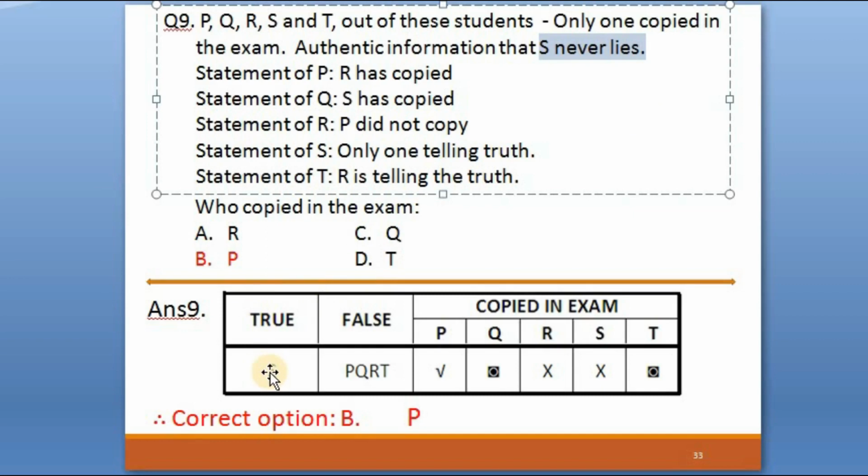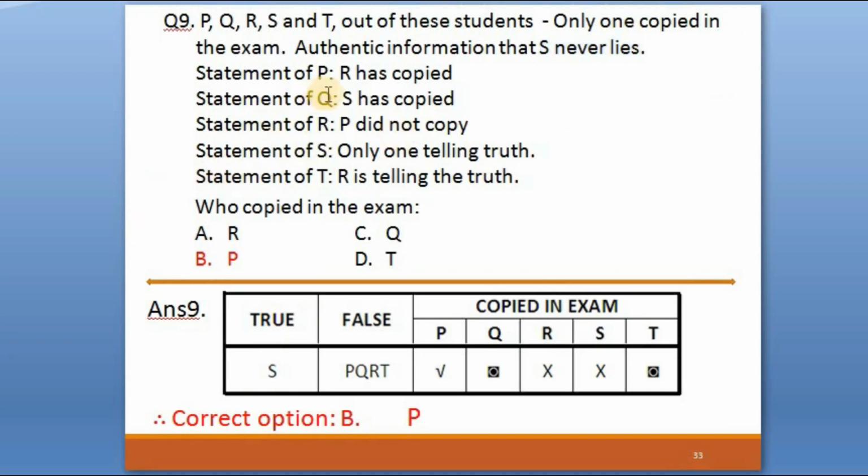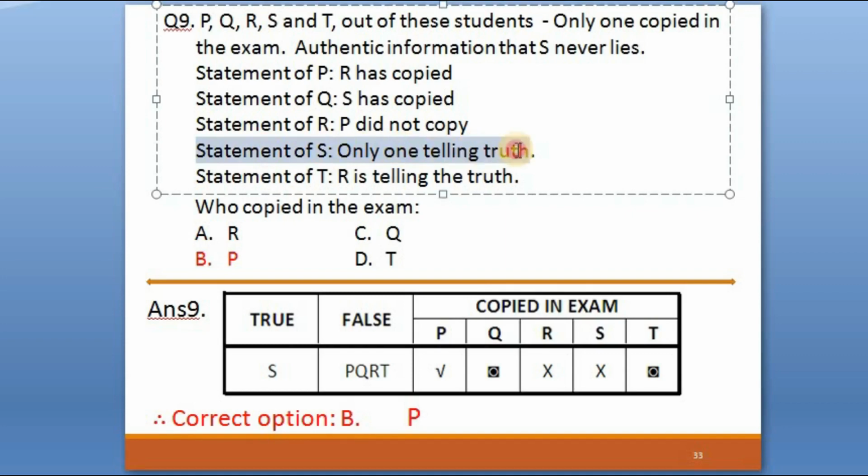So if S always speaks the truth, then what is S saying? S is saying that only one is telling the truth. Now, since S never speaks lies, we have to analyze the statement of S as only one telling the truth.